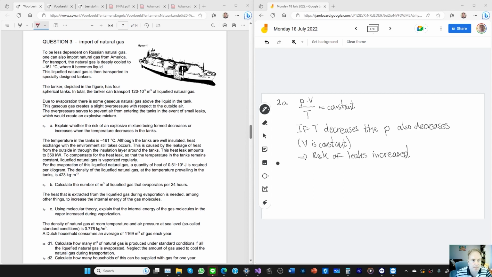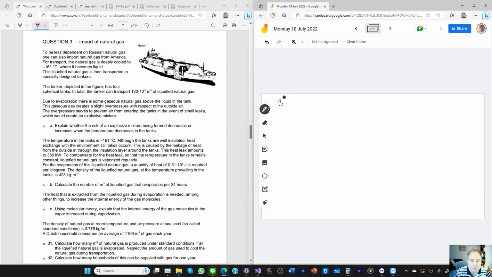Okay, well, it's 350 kilowatt. So what kind of energy are we talking about then in 24 hours? So let's say, this is joule per second, and 1 hour is 3,600 seconds. That's the number I at least always remember.